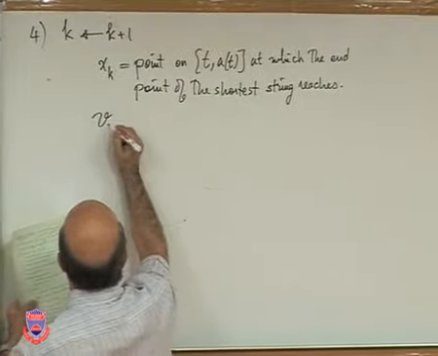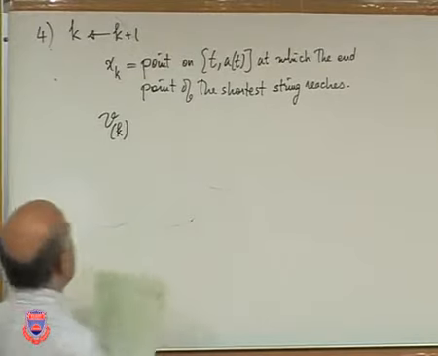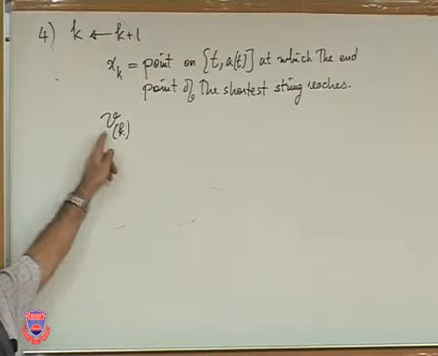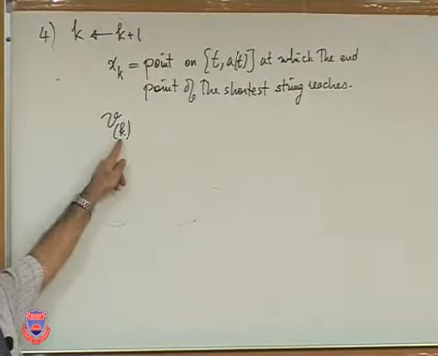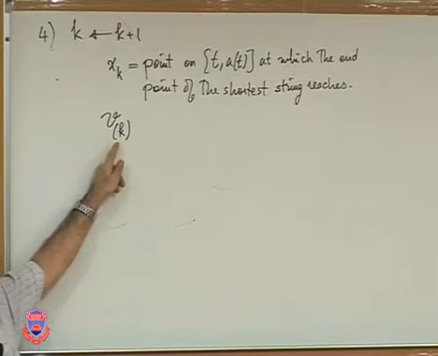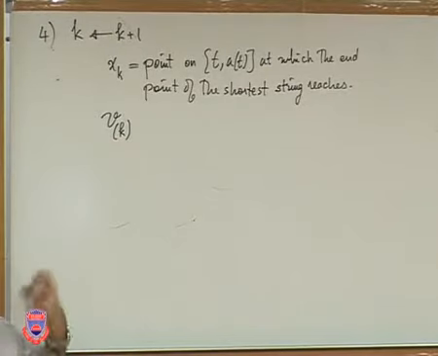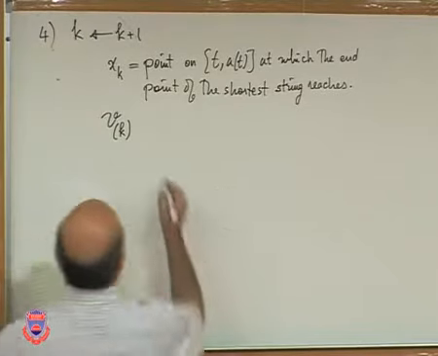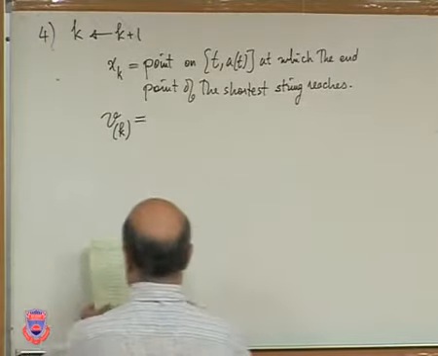You identify a particular vertex, which I denote by vertex with index not k, but rather parenthetical k. So that parenthetical k stands for a particular vertex whose definition is as follows.